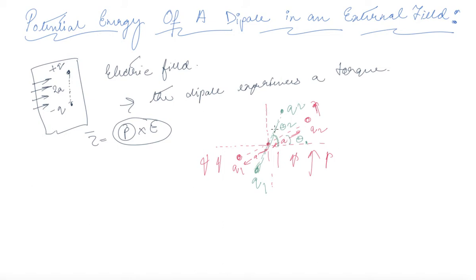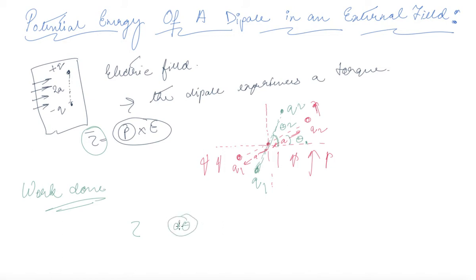Therefore, there is now a displacement because of a force, and if there is a displacement because of a force, then work is done. So because of this torque, there is a displacement of d theta.